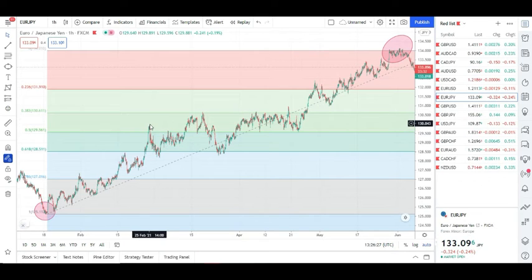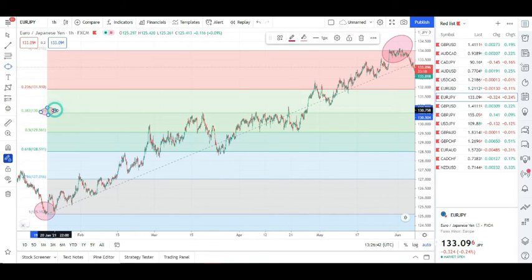For now, let's say you identify this uptrend here and you want to trade it. I usually focus, as I said, on these levels. The first one is 38. The second one is this, and the third one is this one.